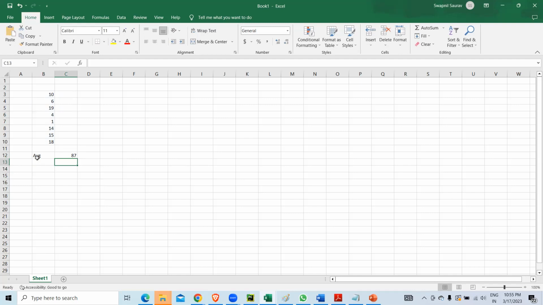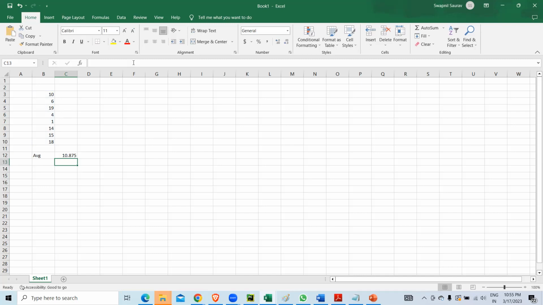I just added them, then divided by the count. I could have done a direct average, but I was trying to be smart. So your average is 10.8. But how do I know whether I have done good or bad?